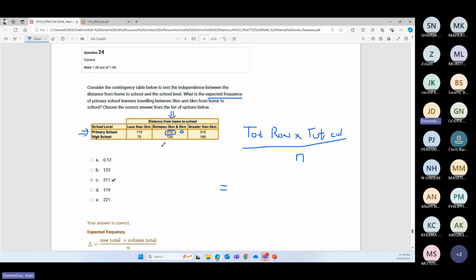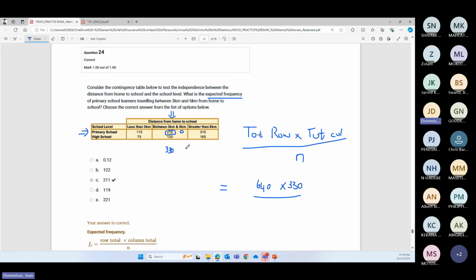The easiest one to add is 350, so that we have the total of the column. The total of the row is 115 plus 210 plus 315, so that is 640. And then we need to divide it by n.